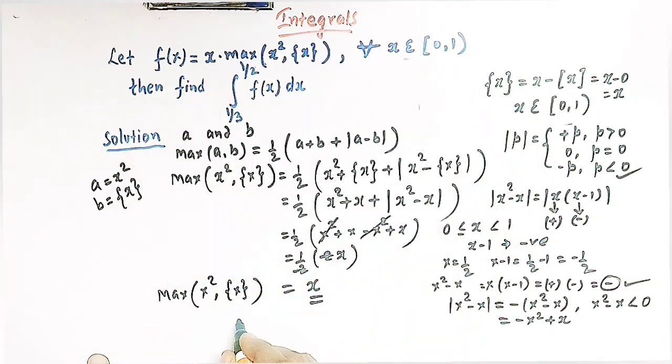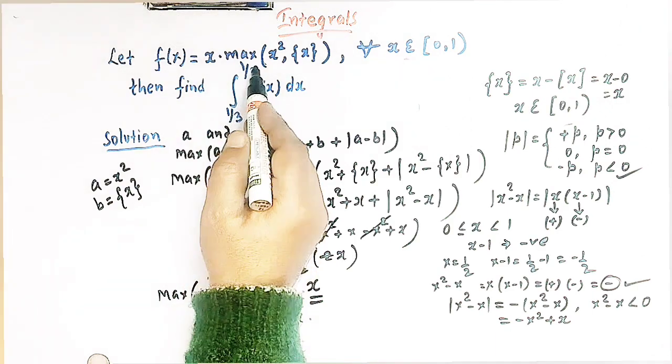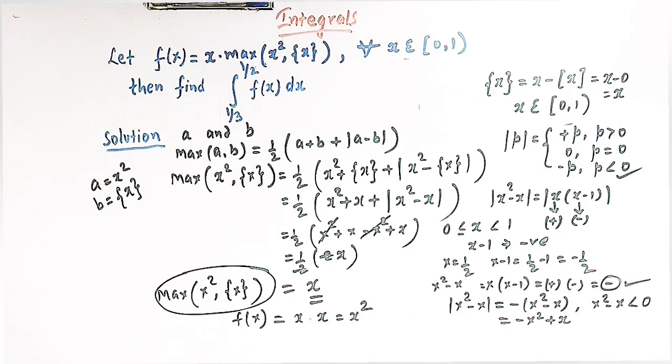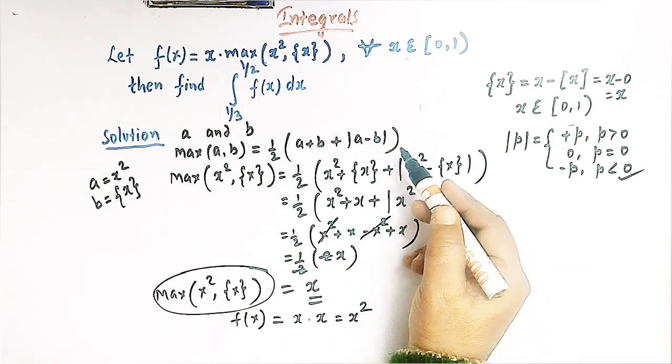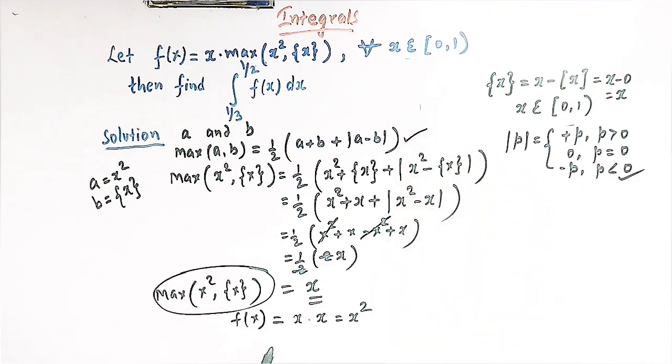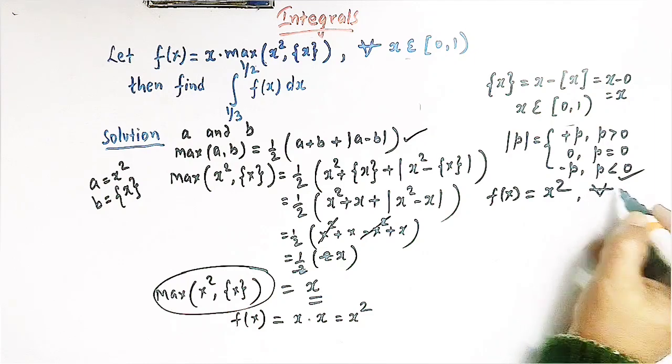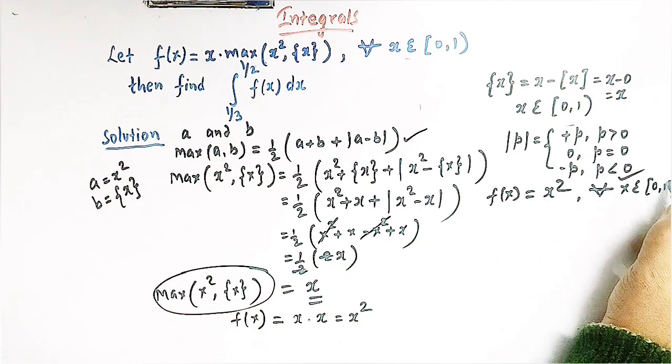So now our function f of x can be modified as f of x is equal to x times maximum of x square comma fractional part of x, and this quantity is equal to x. So here we have x times x, that is x square. So using this expression, we have modified this function f of x as f of x is equal to x square for all x belonging to the interval 0 to 1, right?